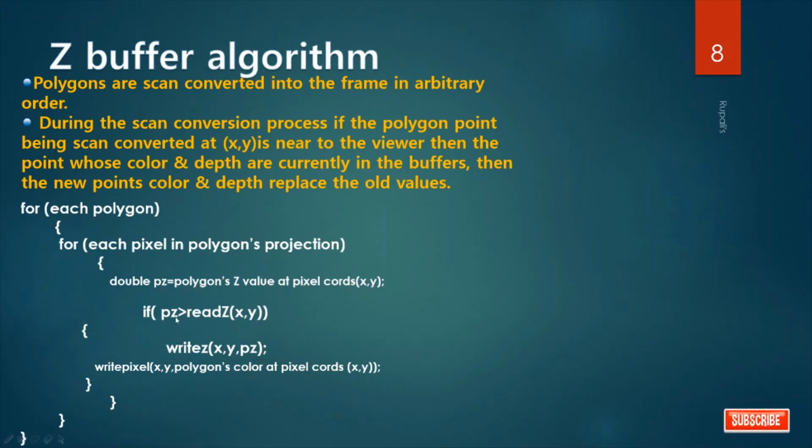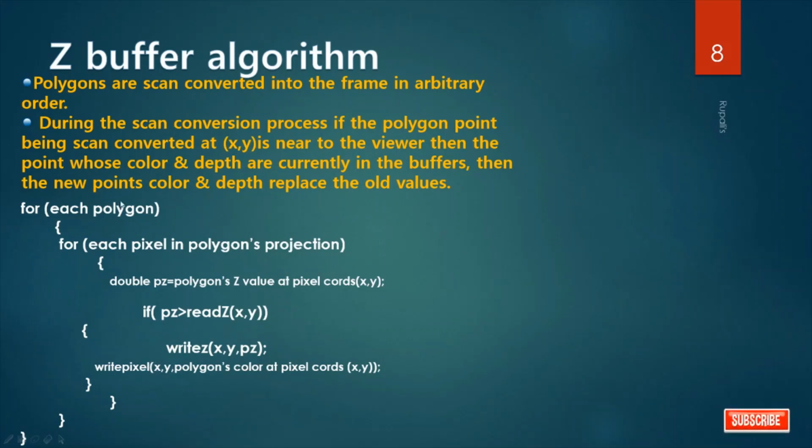Now check if pz is greater than the previous Z value. If pz is greater than the previous Z value, then the new polygon is closer to the viewer, so you have to store that Z value: write Z, x, y, pz, so the new Z value becomes pz. And you have to store the color of the new pixel: write pixel x, y with the polygon's color at pixel coordinate x, y.